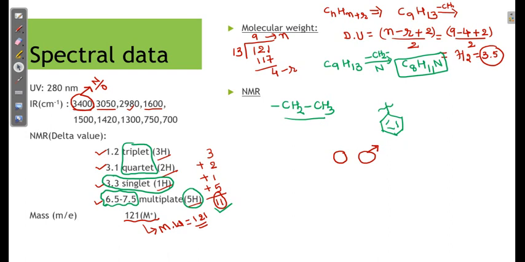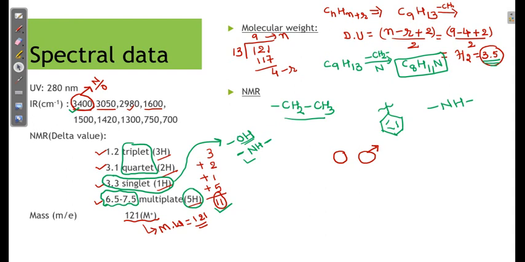There are chances of OH and NH, not NH2, because it is 1H. If OH is present, we have to confirm it with the help of IR, but the fractional degree of unsaturation indicates the chances of nitrogen are more. So one more fragment we are getting is this.